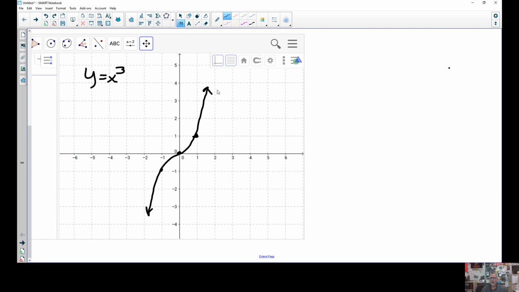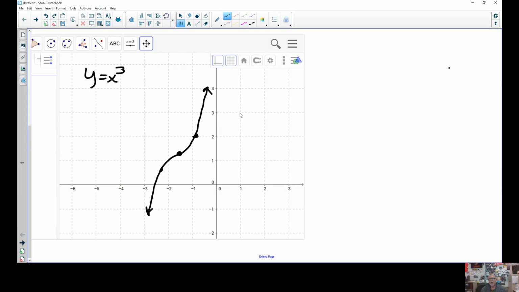So this graph is one of the most basic examples of origin symmetry. If I rotate this, I would get back the same shape with less than one full rotation. So it has point symmetry, that point being the origin that I'm rotating about. So this is a graph whose symmetry is with respect to the origin.